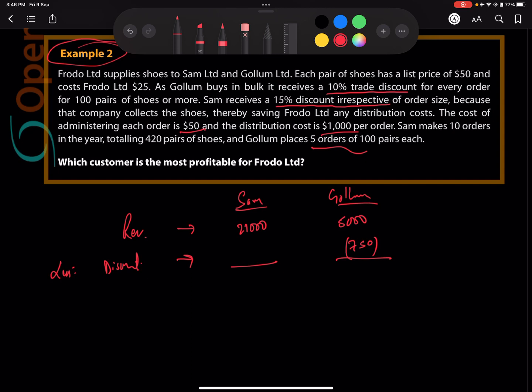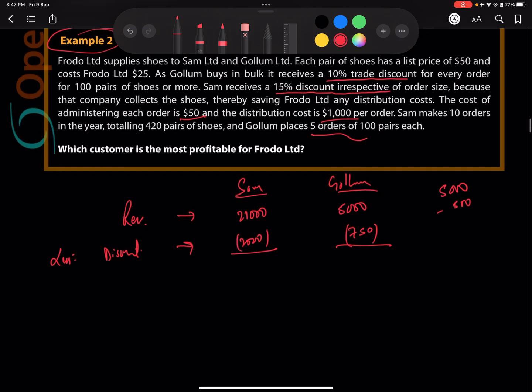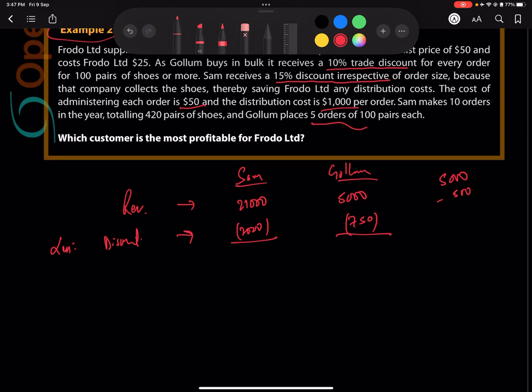For Gollum, in each purchase he's going to make a purchase of 5,000, so he receives a discount of 500. 500 times 4 is 2,000 discount he's going to receive. I'm just not accounting for the 0.2.